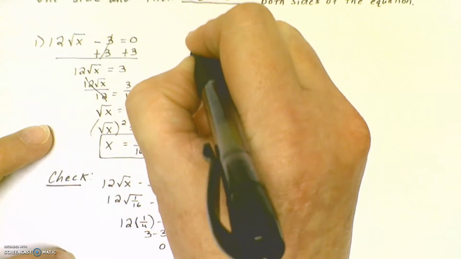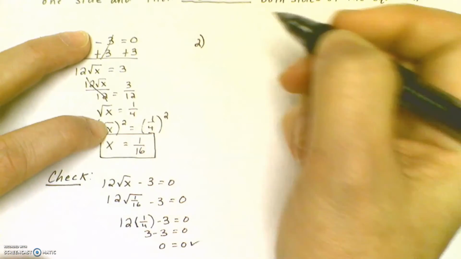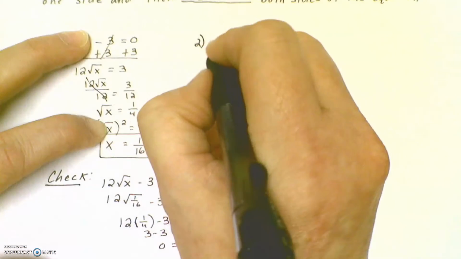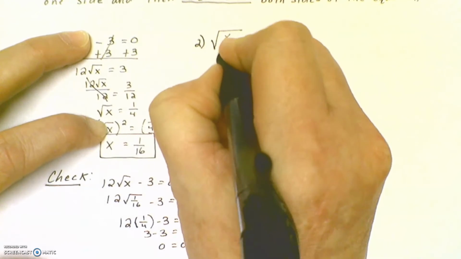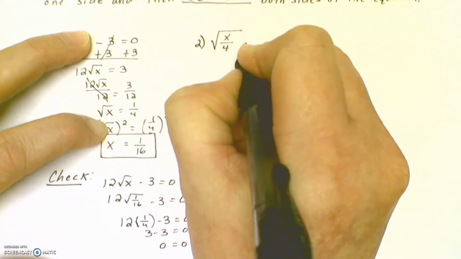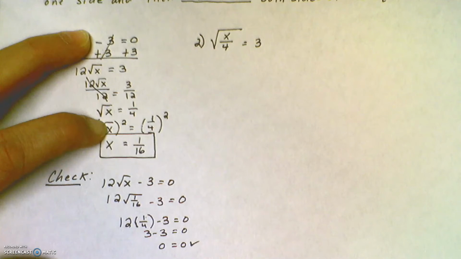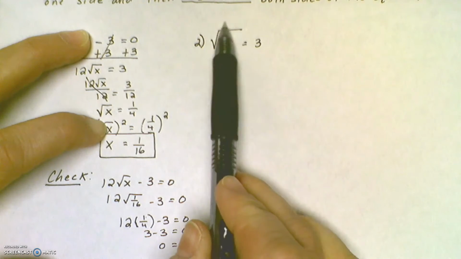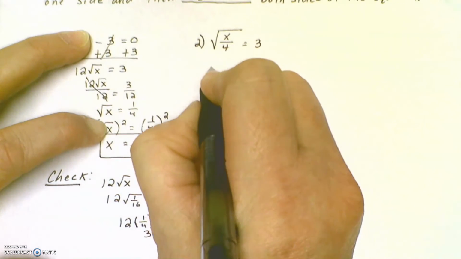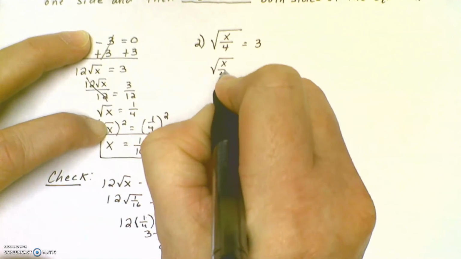Example 2. The square root of x divided by 4 is equal to 3. The radical is isolated, so we will square both sides.